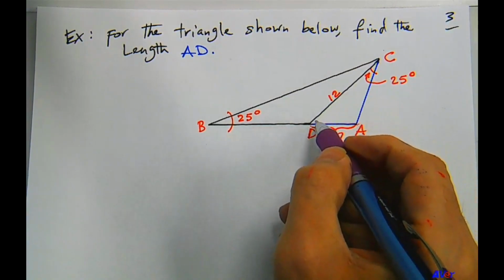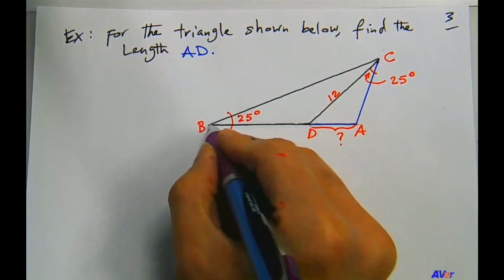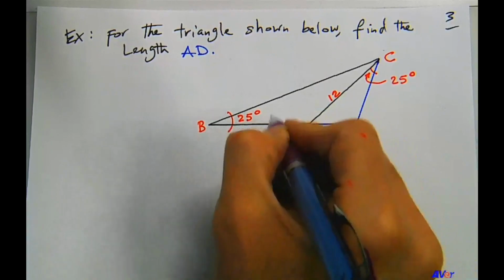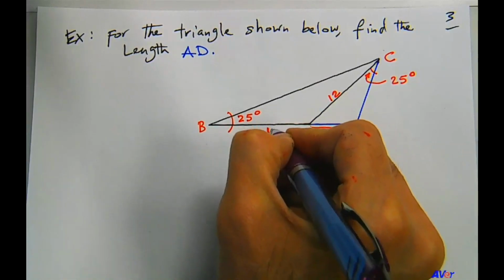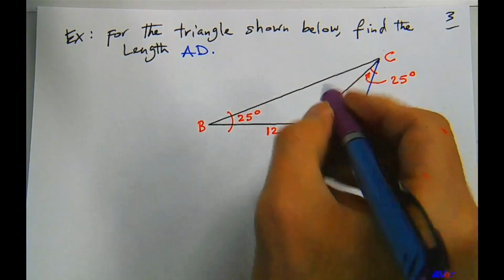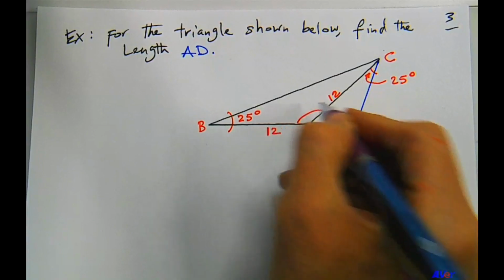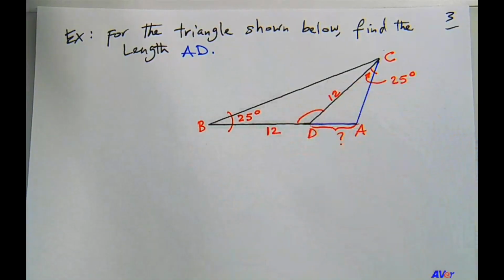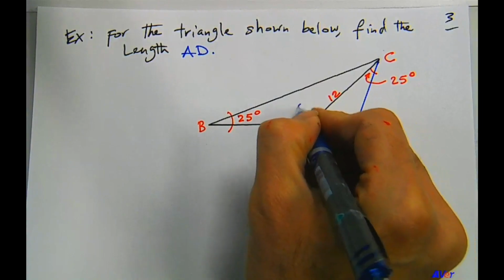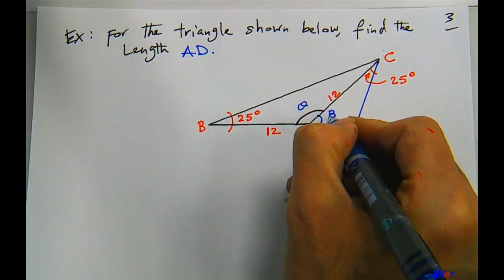And what else do we know? We know that AD is question mark, but from here to here is 12. And this angle is called theta, and this angle is called beta.